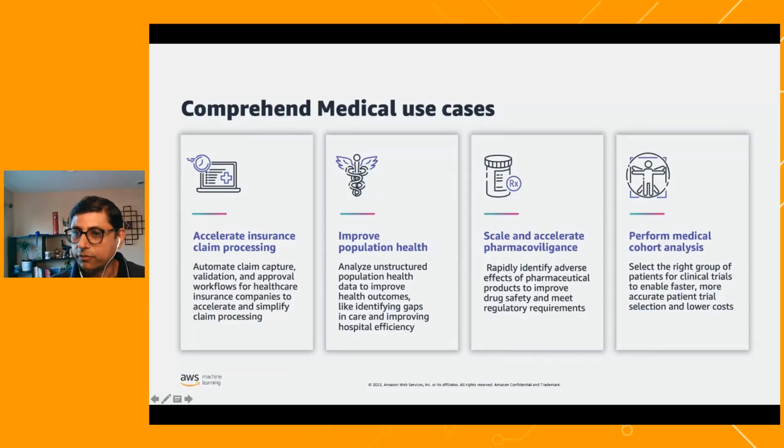Scale and accelerate pharmacovigilance: rapidly identify adverse effects of pharmaceutical products to improve drug safety and meet regulatory requirements. And also perform medical cohort analysis: select the right group of patients for clinical trials to enable faster, more accurate patient trial selection and lower costs.